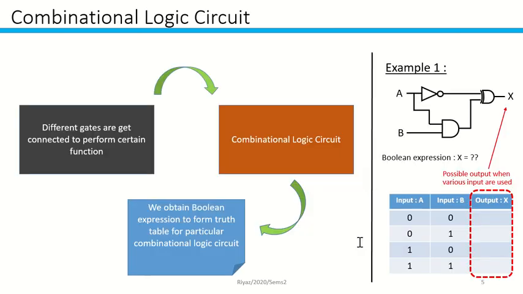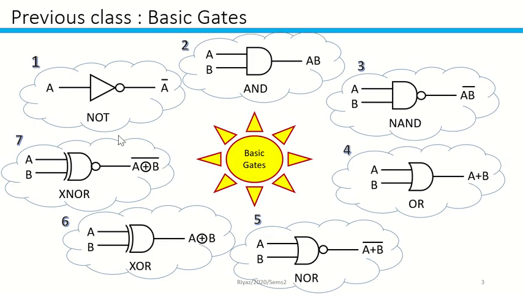So combinational logic circuit. What you're going to do here is you have lots of gates, 7 basic gates, different gates, and you are connecting them to each other. Just imagine it like Lego. You have a few gates like this: this is 1, this is 2, this is 3.